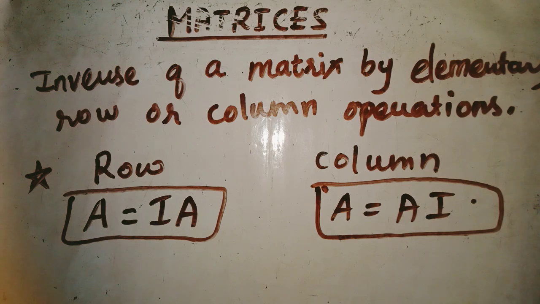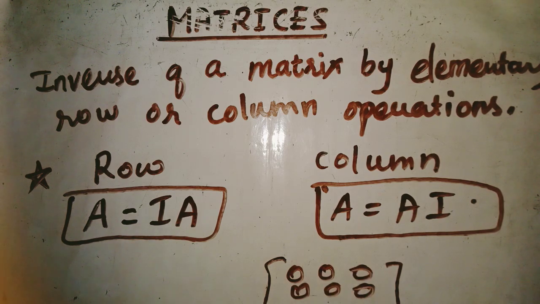So if we obtain all zeros in one or more rows of the matrix A on the left hand side, then A inverse does not exist. This you have to keep in mind.